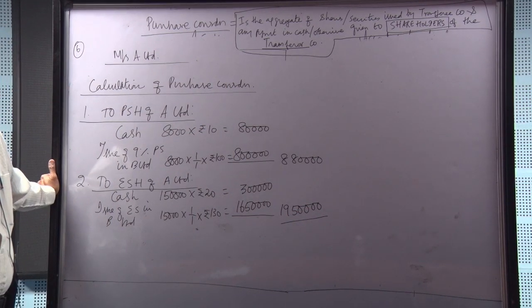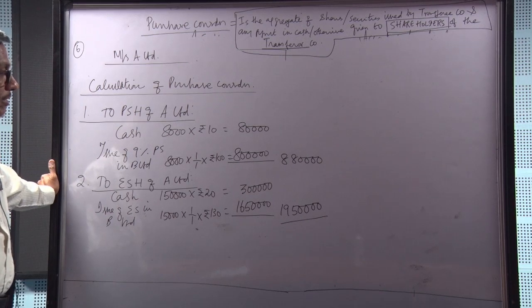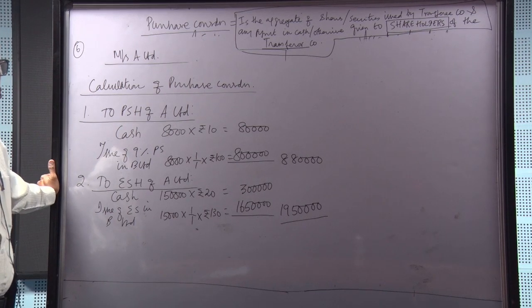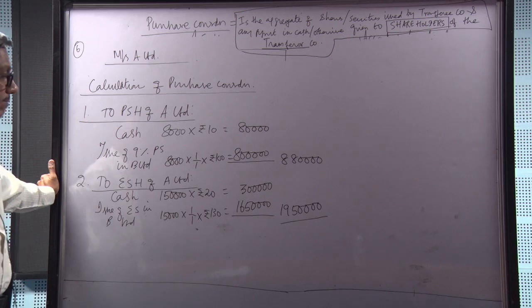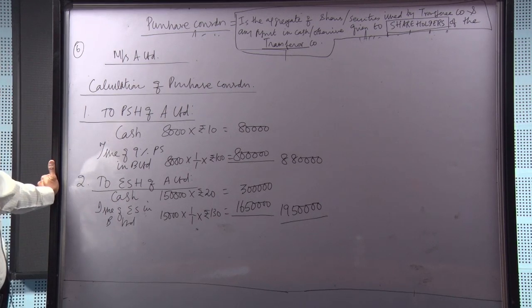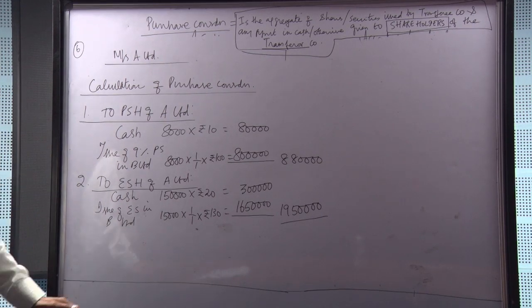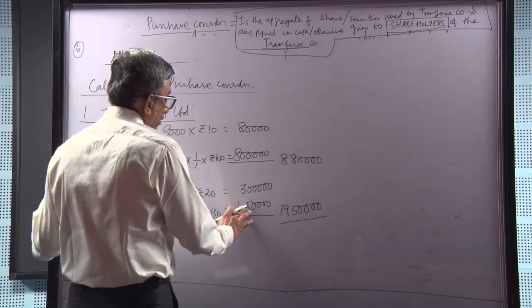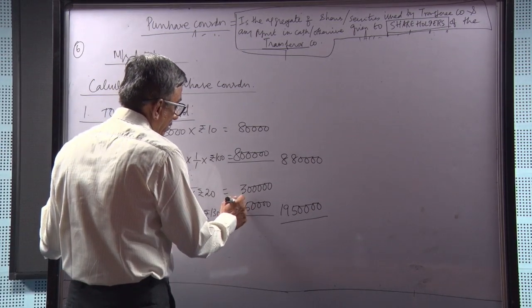Hence, what is the total purchase consideration? That's what we have to calculate. 15,000 into 20, that is 3 lakhs. 15,000 into 130, how much is that? 15,000 into 130, 19,50,000. Sorry, this is 19,50,000.